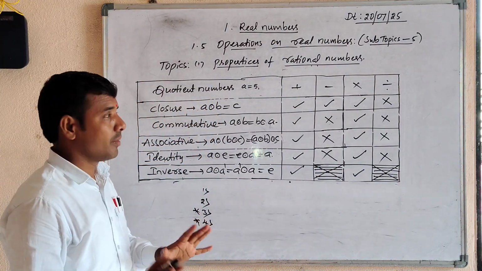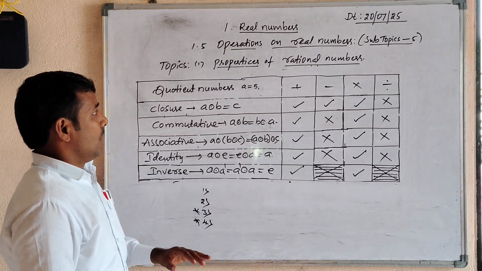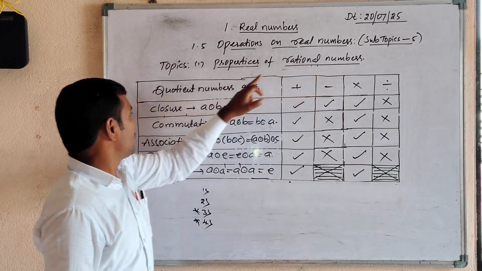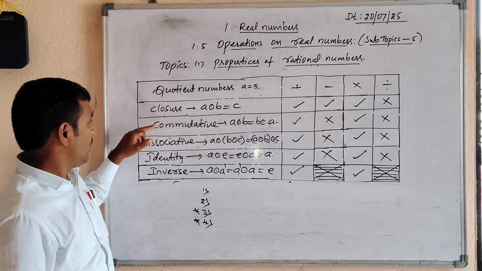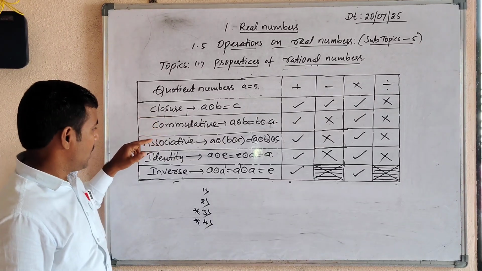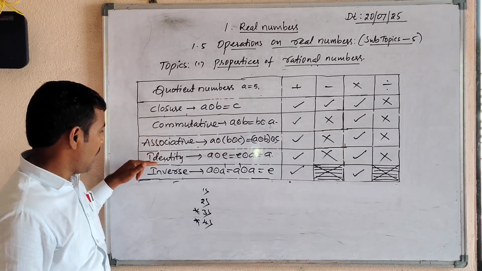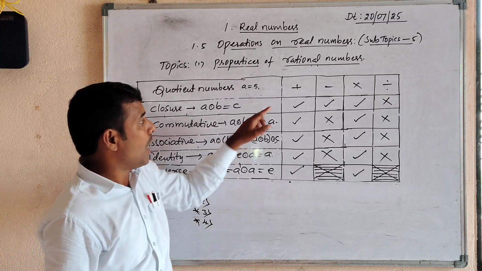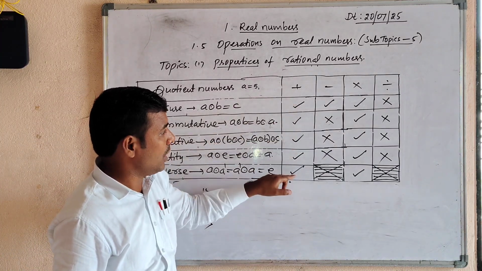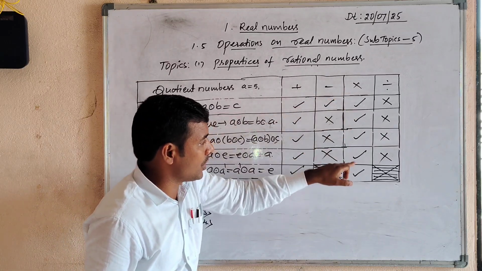Very important thing: rational numbers satisfy the closure property, commutative property, associative property, identity property and inverse property under addition and multiplication.